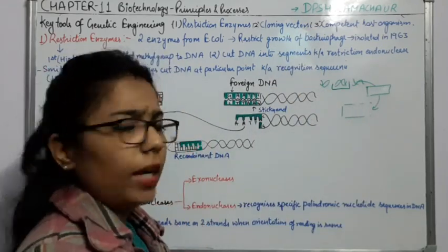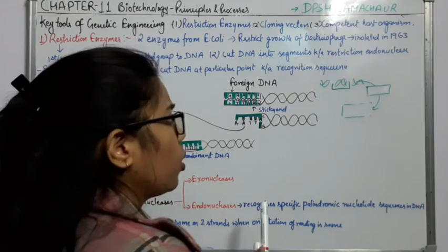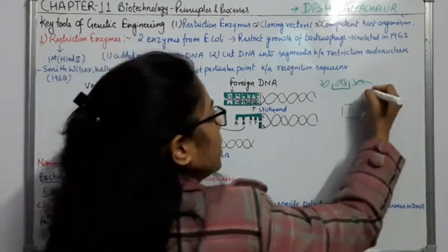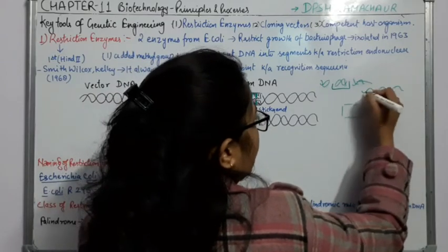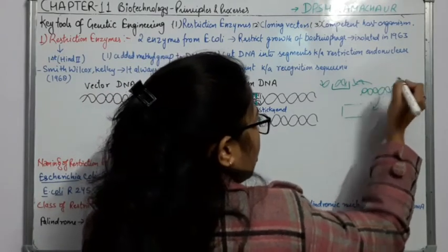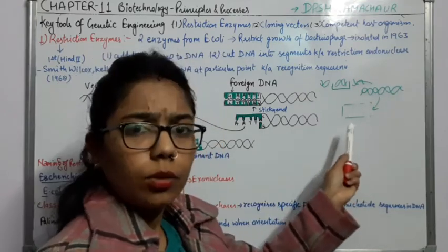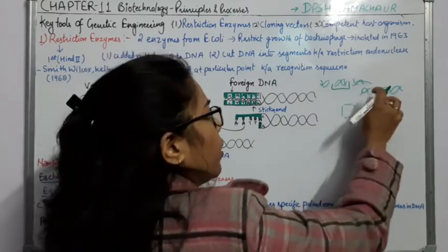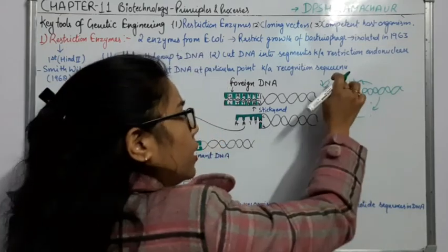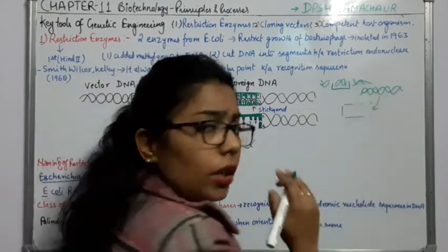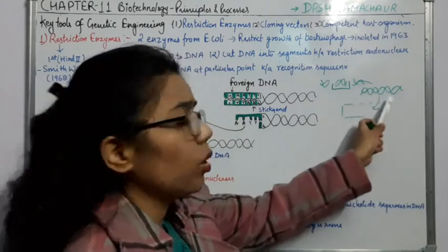Likewise, I have to incorporate it into the DNA of vector 1, because this vector will take it into the host. So I have to cut the gene of interest from here and then provide it into vector 1.